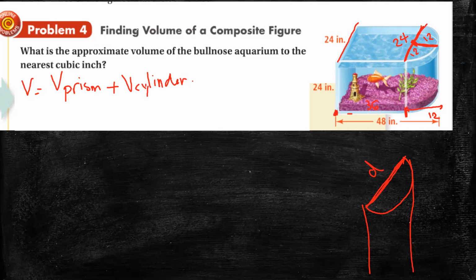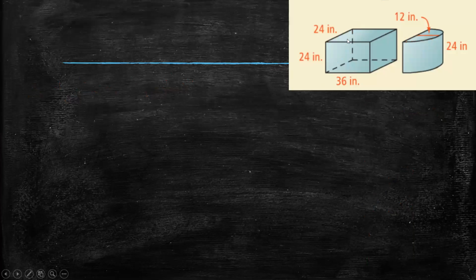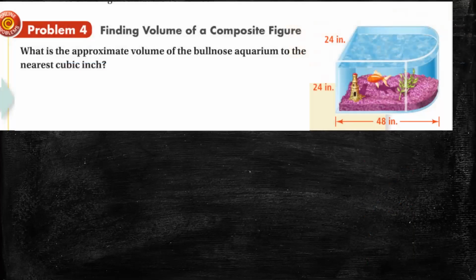Yes. So now let's see the shape here. Look here, they told me that this is 36, this is 24, and the height is 24. For the cylinder, the radius is 12 and the height is 24. From where do we bring this 24, the height?